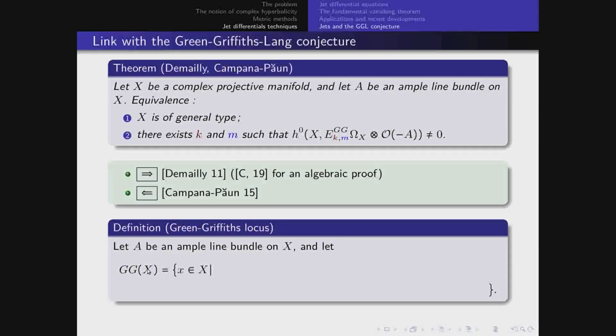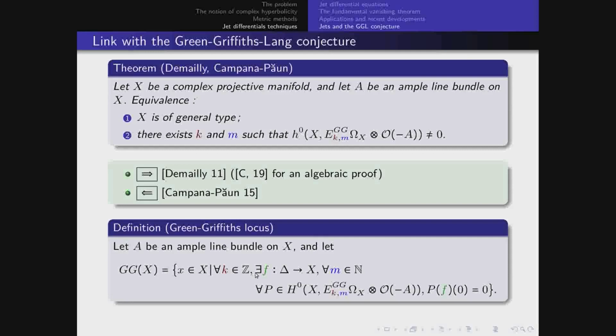It's the locus of all the points such that for any order there is a curve through that point, such that for any degree and any differential equation, P of f of 0 is equal to 0. Sorry, I have not written here that f of 0 is equal to x in the definition of f.